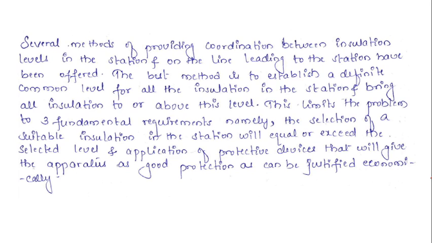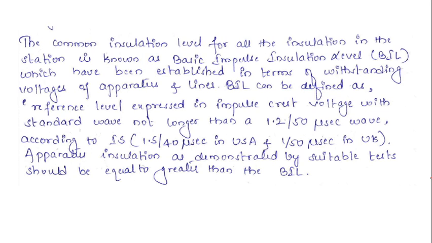This limits the problem to three fundamental requirements, namely the selection of a suitable insulation level, making sure that all insulation in the station will equal or exceed the selected level, and application of protective devices that will give the apparatus as good protection as can be justified economically. The common insulation level for all the insulation in the station is known as the basic impulse insulation level, known in short as BIL, which has been established in terms of withstanding voltages of apparatus and lines.